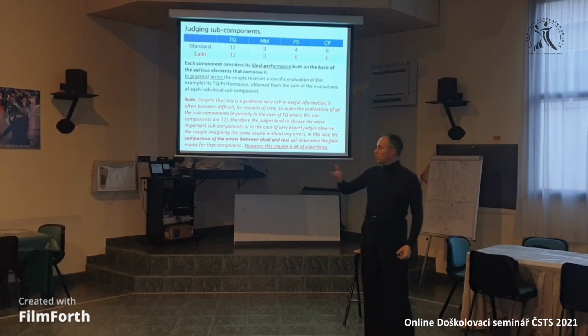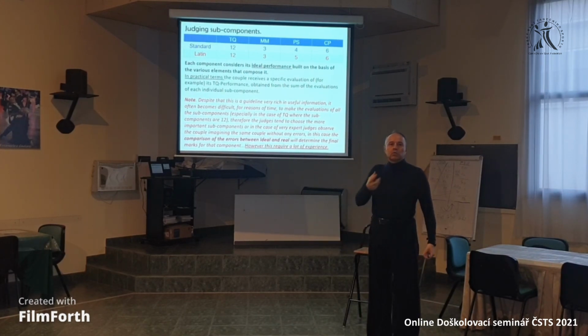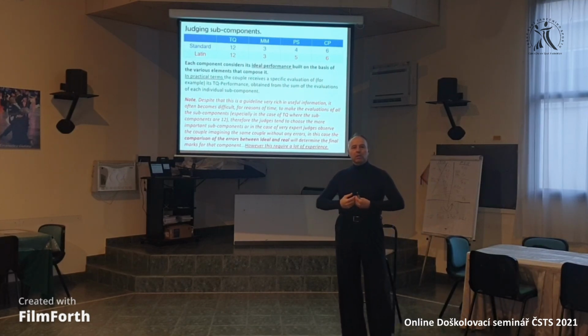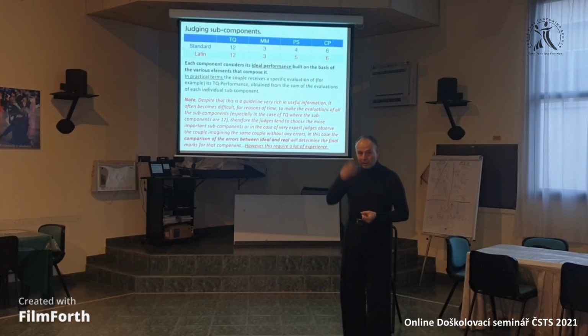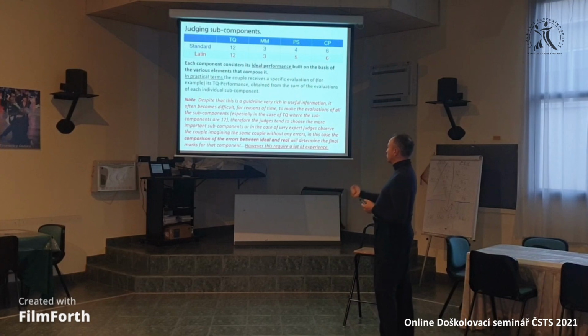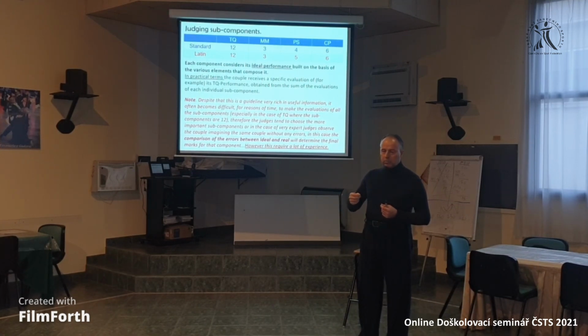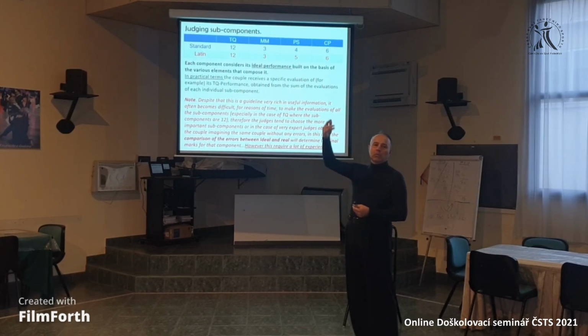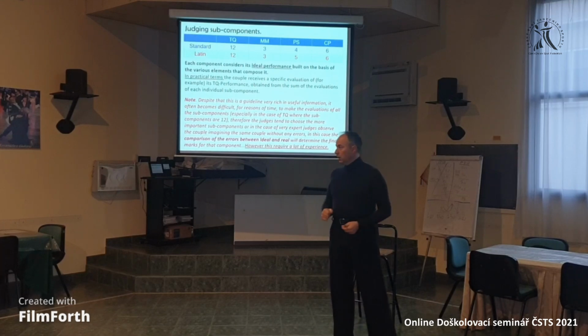Especially, for example, technical quality, 12 subcomponents, we are speaking about a lot of elements to sum together, to analyze. What the judges tend to do, they have two choices. The first choice is to decide to consider the main subcomponents, over 12, maybe 2 or 3.